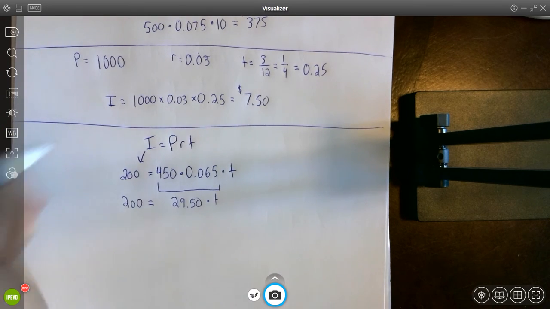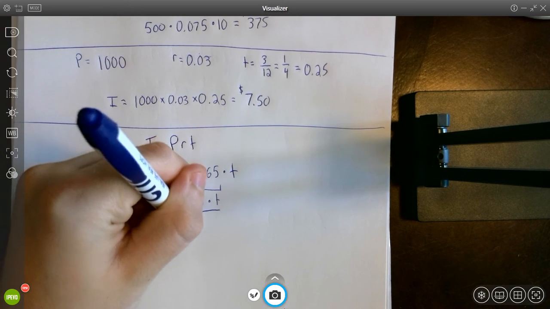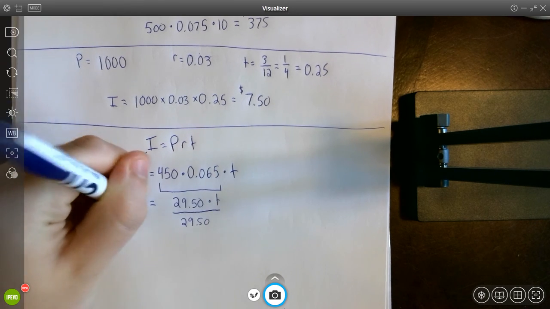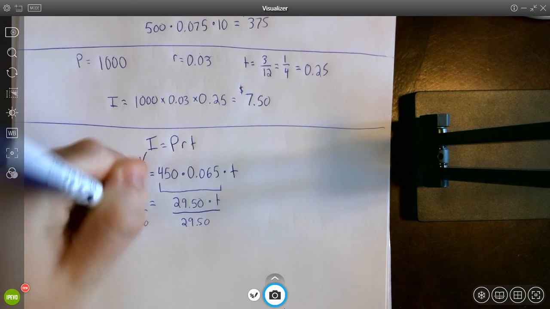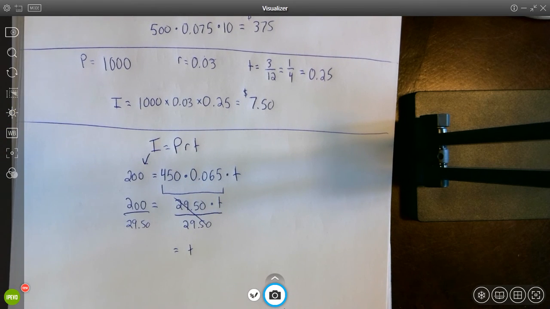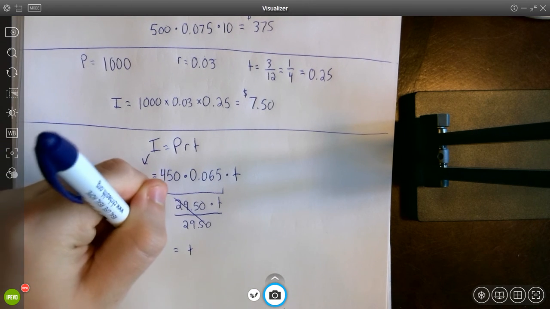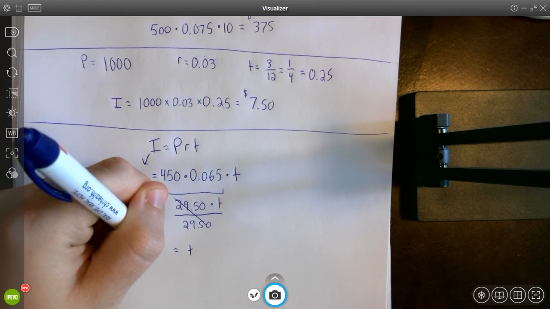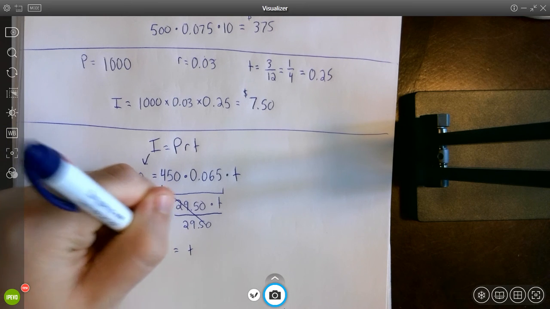So our next step is going to be dividing both sides by $29.50, which will tell us that t is equal to 6.779, or 6.78 if we're going to round it.